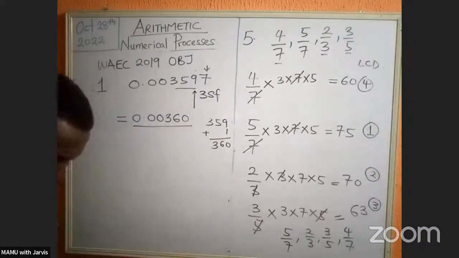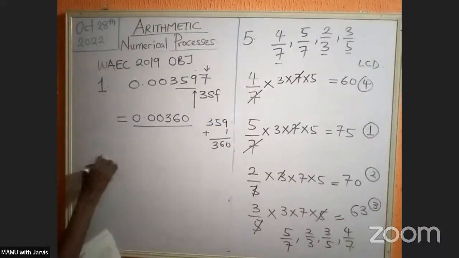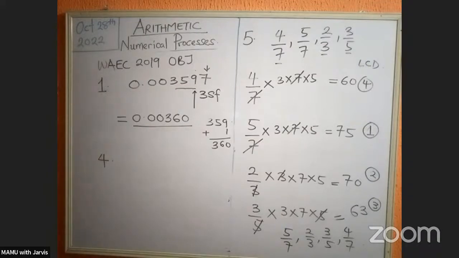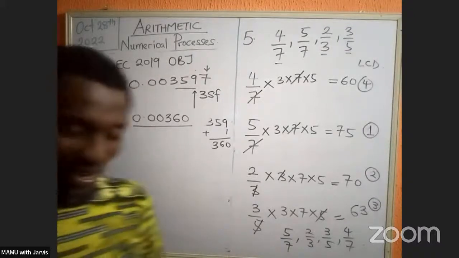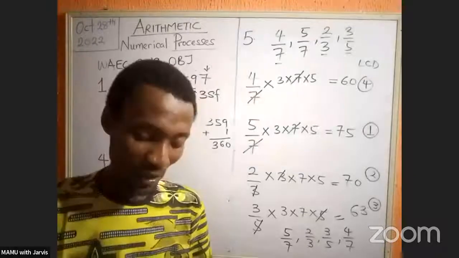All right. There's yet another one. Question number 4. Question number 4 says, simplify and then correct to 3 significant figures.